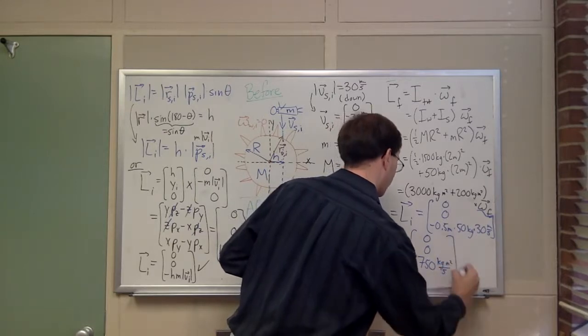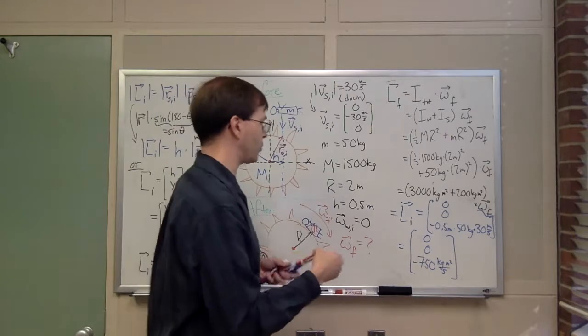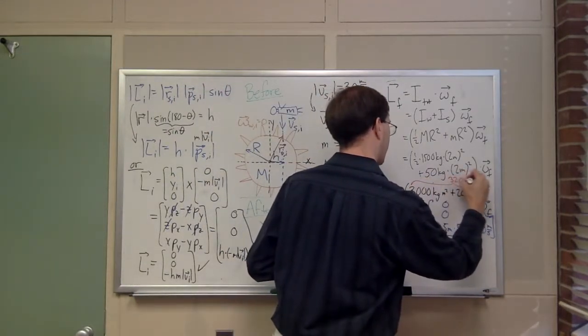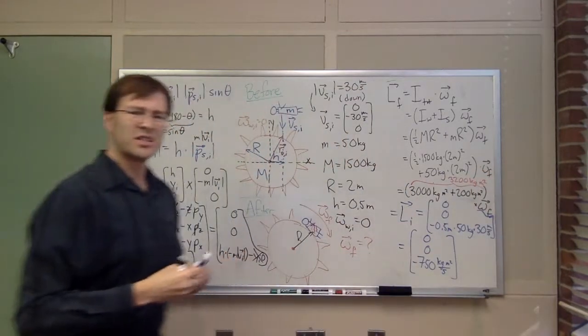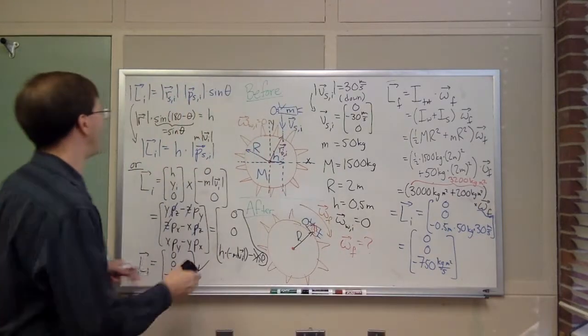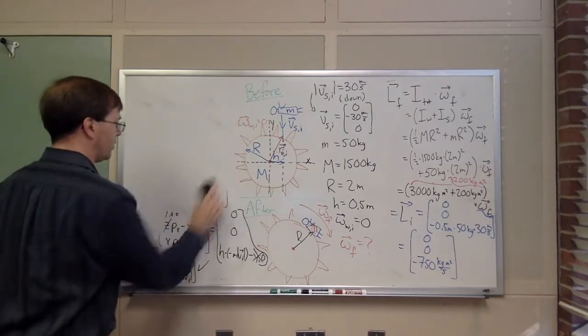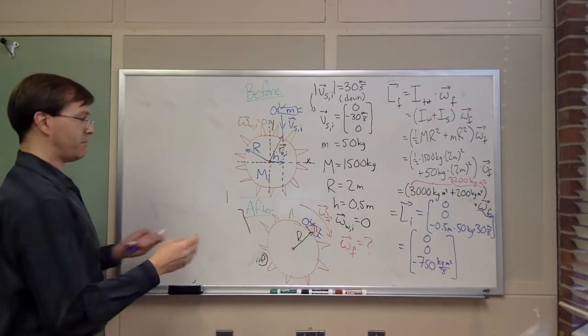Those are units of angular momentum, so that makes me happy. And I could have written down the total, couldn't I? This total here was 3,200 kilogram meter squared. So all I need to do to find my omega final is divide those two things by one another.